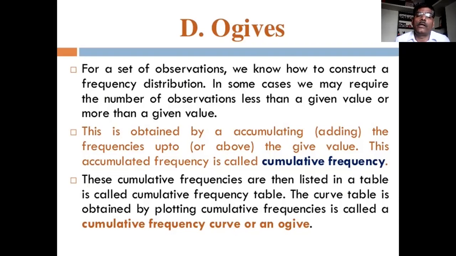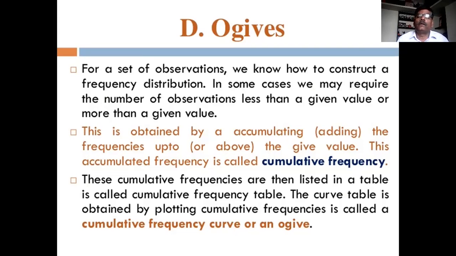This accumulated frequency is called cumulative frequency. These cumulative frequencies are then listed in a table, and that table is called the cumulative frequency table.